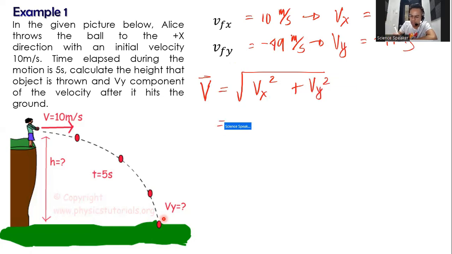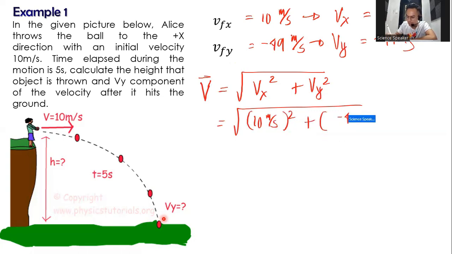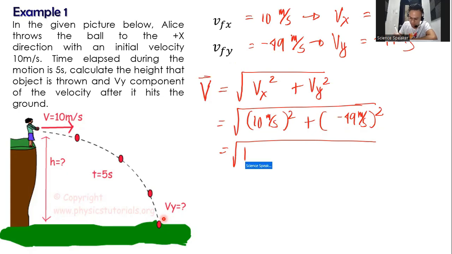So we have 10 meters per second squared plus negative 49 meters per second squared. 10 times 10 is 100 meters squared per second squared.